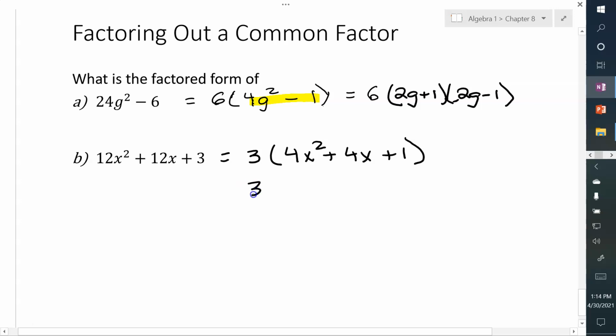I know that my first term, if I square root that, I get 2x. My last term, if I square root that, is 1. So 2x and 1. Let's check to make sure I really do have a perfect square. So 2x times 1 is 2x. Double that, I get 4x. So this is a perfect square. And because my signs are positive, I have a positive for both of those.